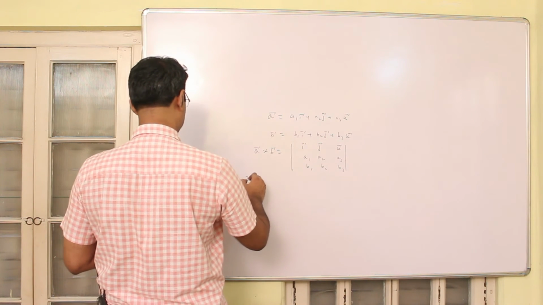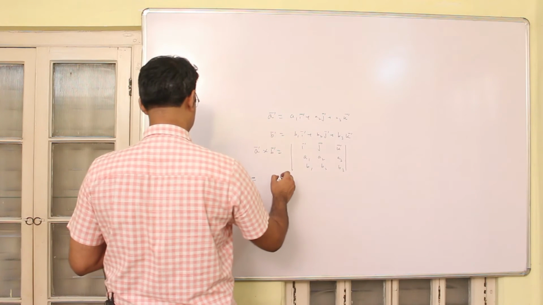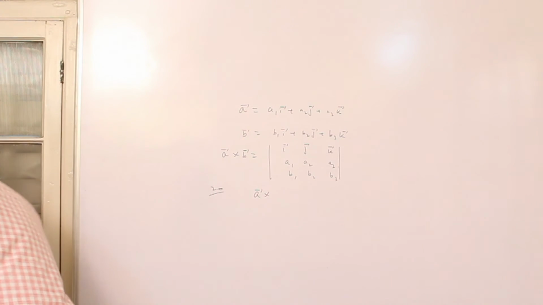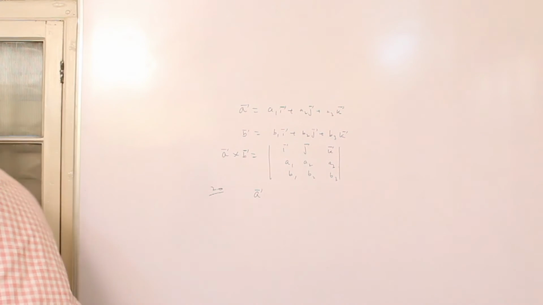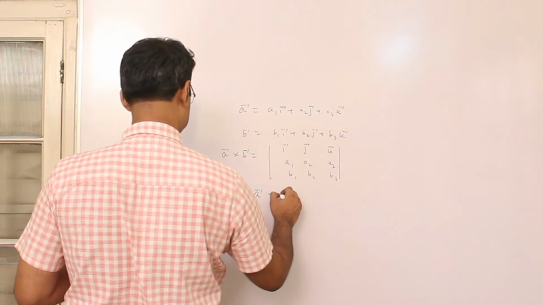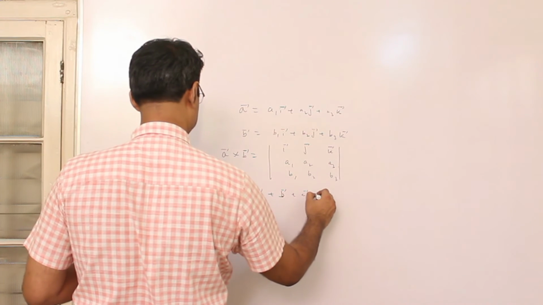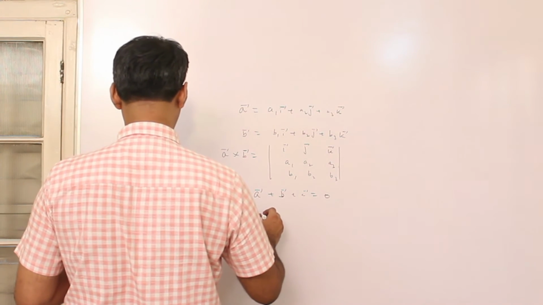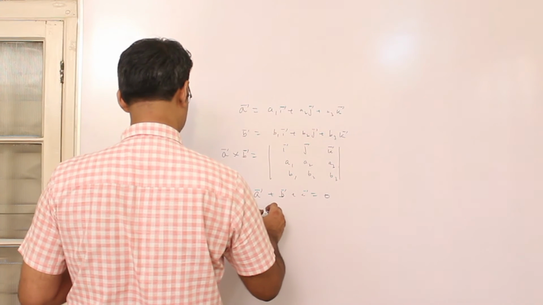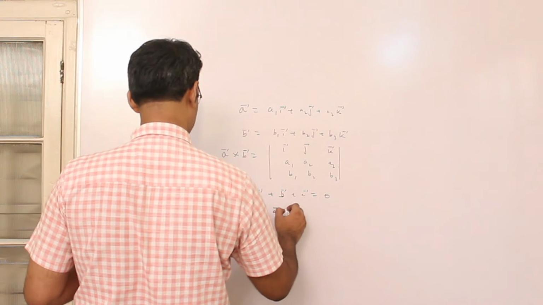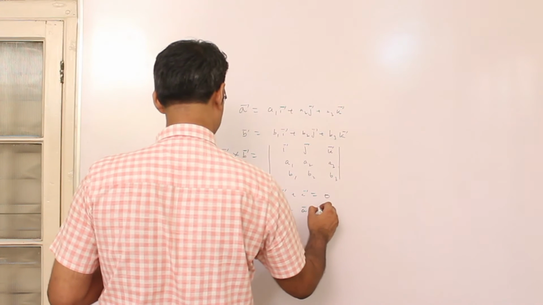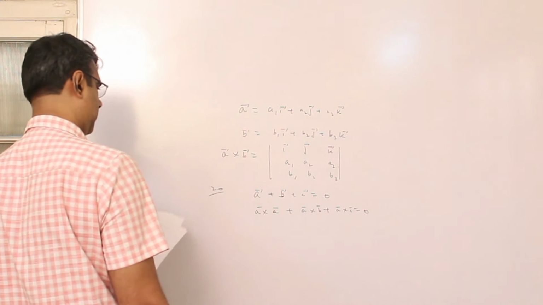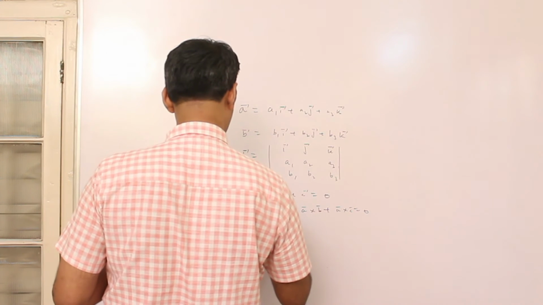Let's have a look at sum number 20. It says that if A plus B plus C is 0, in that case, what we can do is cross both sides with A. So A cross A plus A cross B plus A cross C is 0.